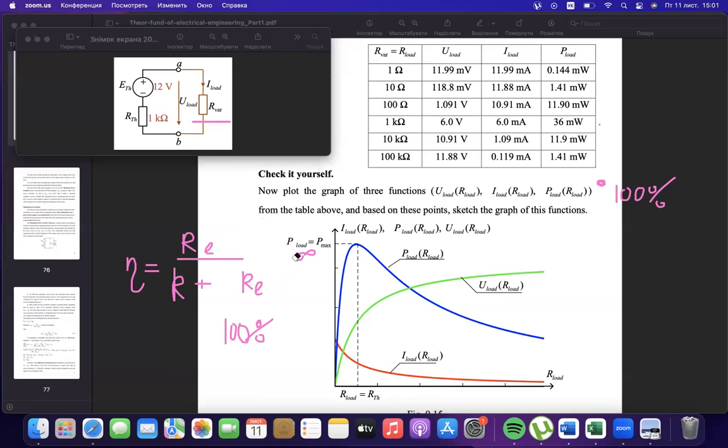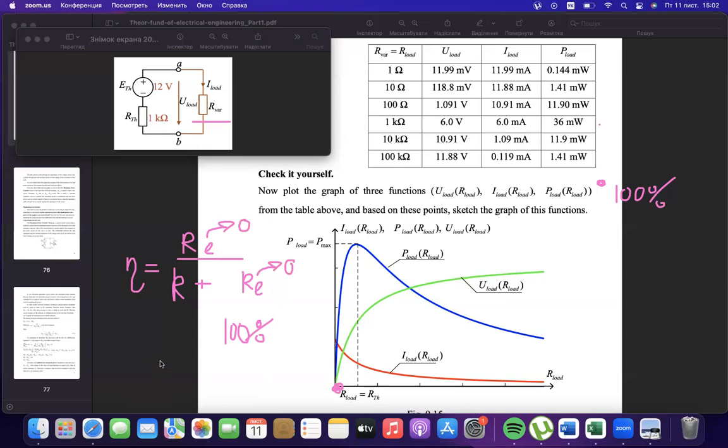In the opposite situation, if the resistivity of the load, the consumption, is close to zero, then the efficiency coefficient equals 0, because we have no consumption of energy. All the energy that we have goes to heating our source.